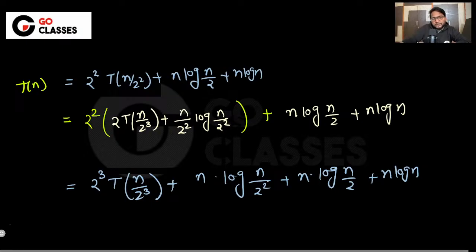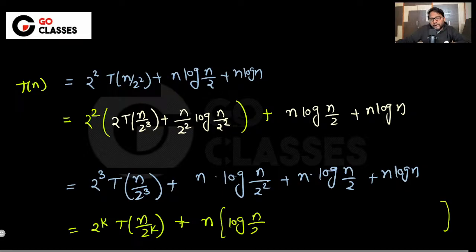Now if it is 2 power k, then T of n upon 2 power k, and then plus, if it is 2 cube, then it is 2 square, right? You can take n common if you want. Then log of n upon 2 power k minus 1 plus log of n upon 2 power k minus 2 and so on, right?